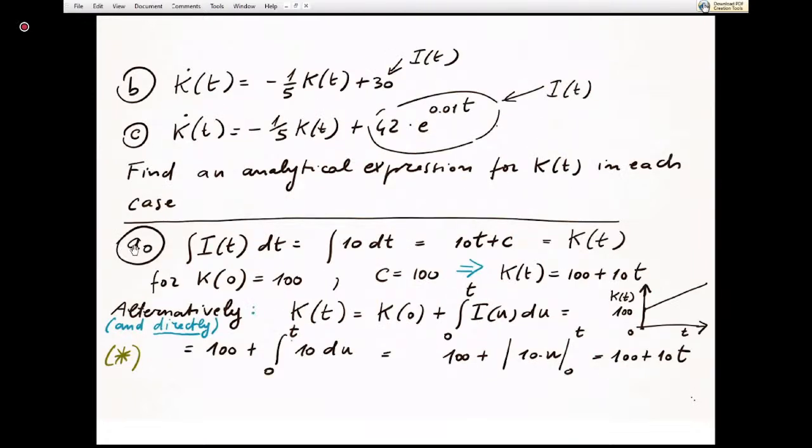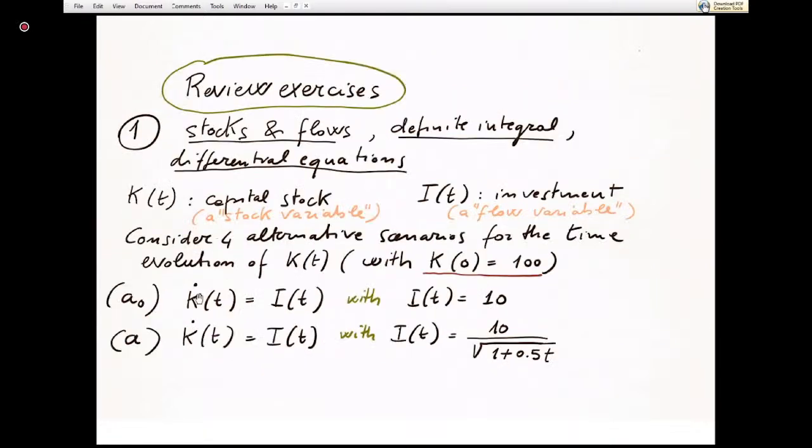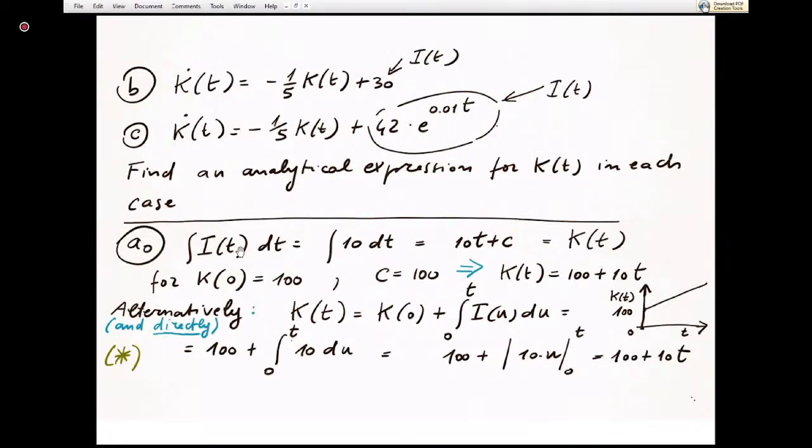Let me start with the basic scenario A0. Integral of I(t) dt. Because K dot is I(t), so the derivative of K is this. If I want to find K, I have to compute the integral of this, okay? Integral of I(t) dt is the integral of 10 dt, it is constant. It is 10t plus c, because the primitive of this constant is 10t plus c.